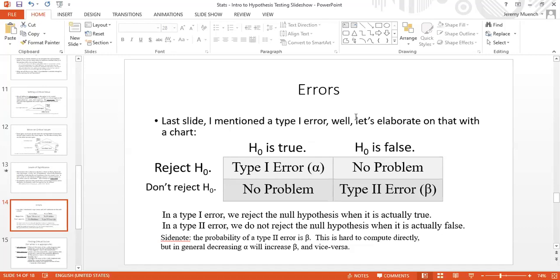Then we collect more and more evidence, and if eventually the evidence is so far from innocence that it's just not tenable to continue to assume that the defendant is innocent, that's when we reject the null hypothesis. We reject that the defendant is innocent, and that only leaves us with the assumption that they're guilty.